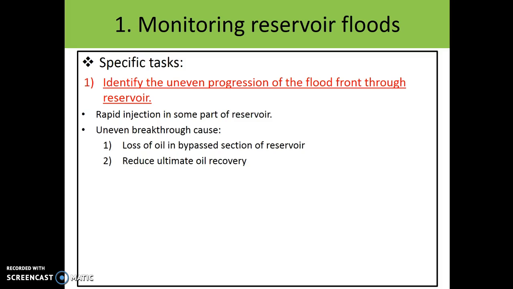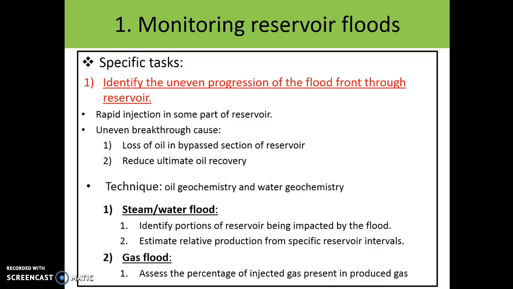So the technique that you will use to overcome this problem is oil geochemistry and water geochemistry. There will be steam flood or water flood or gas flood that will occur in the field. For steam and water flood, you need to use the changes in the composition of produced oil over time to identify the portion of the reservoir being impacted by the flood and to estimate the relative production from a specific reservoir interval.